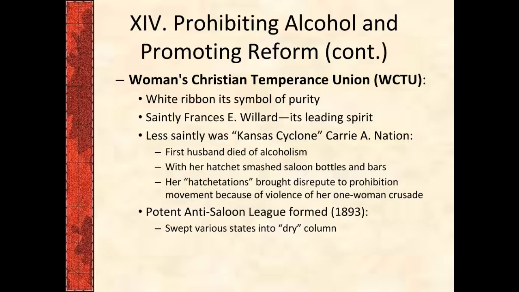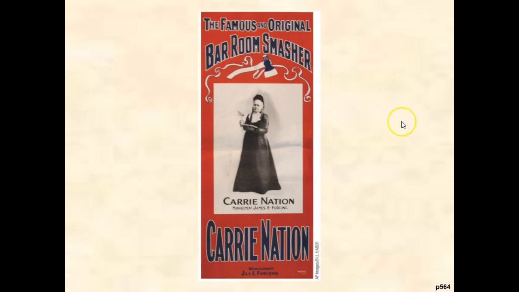And she's joined by Carrie Nation, and Carrie Nation is a very interesting woman whose husband was abusive. He died of alcoholism, and she would travel throughout the western frontier with her hatchet, and she would go into these wild saloons on the western part of the United States in the Midwest. And she would walk in and start smashing alcohol bottles.